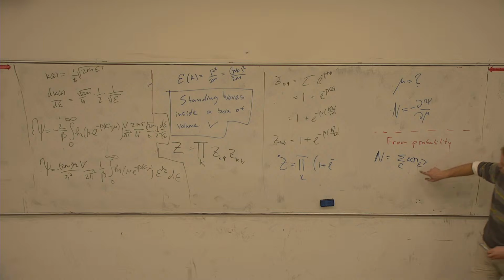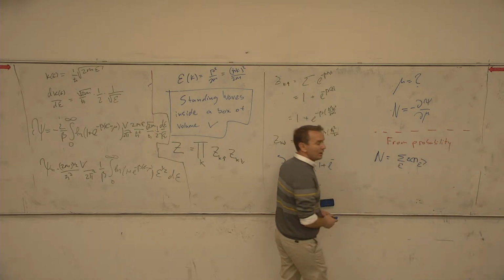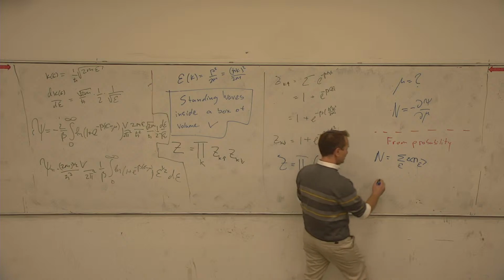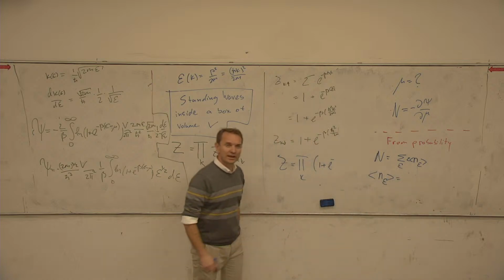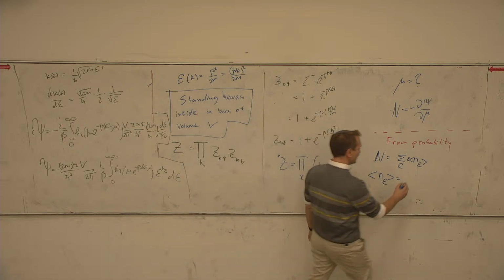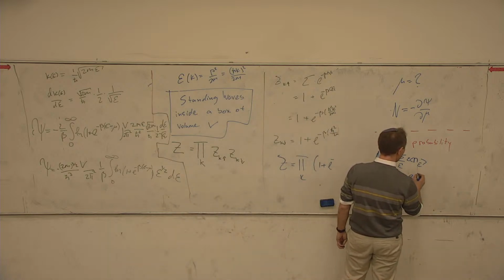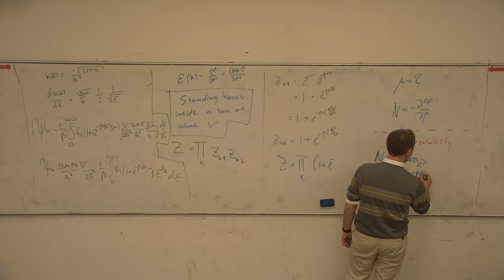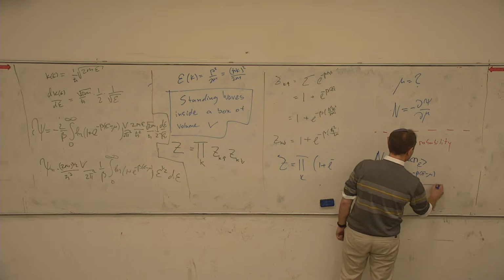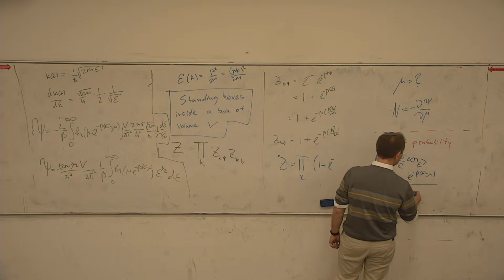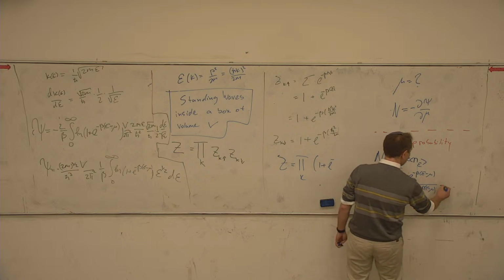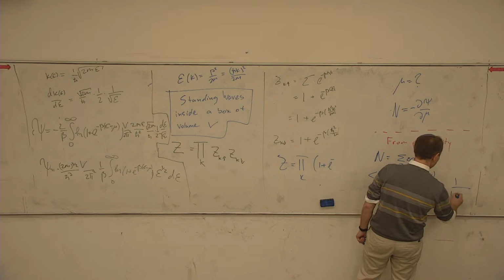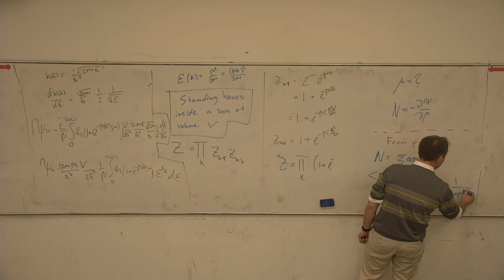Now, then we only need to compute n epsilon average. What is this n epsilon average? We know this guy. It is e to the power minus beta epsilon minus mu divided by 1 plus e to the power minus beta epsilon minus mu, which is 1 over 1 plus e to the power plus beta epsilon minus mu.